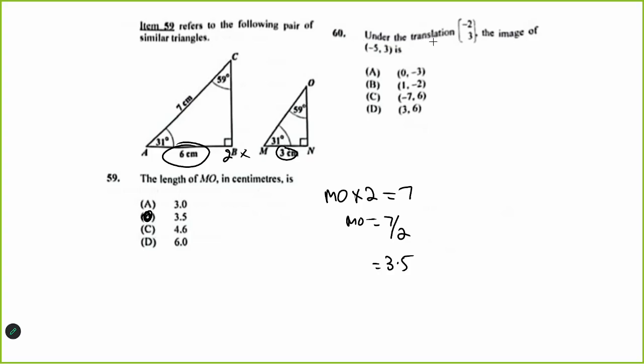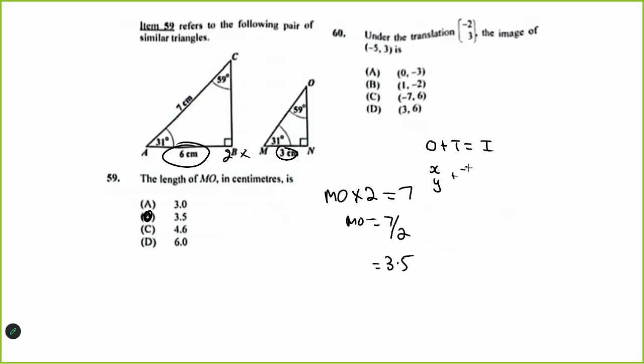Number 60. Under the translation negative 2, 3, the image is... so we know it is your object plus your translation to give you your image. So what do we know? Your object is... oh, we don't know what the object is. Let's put x and this is y.